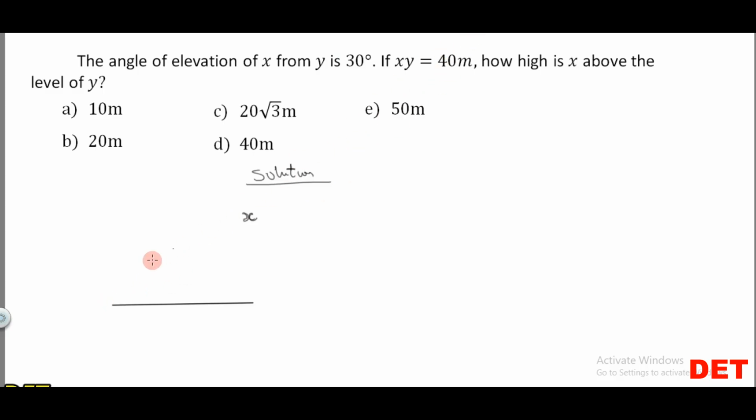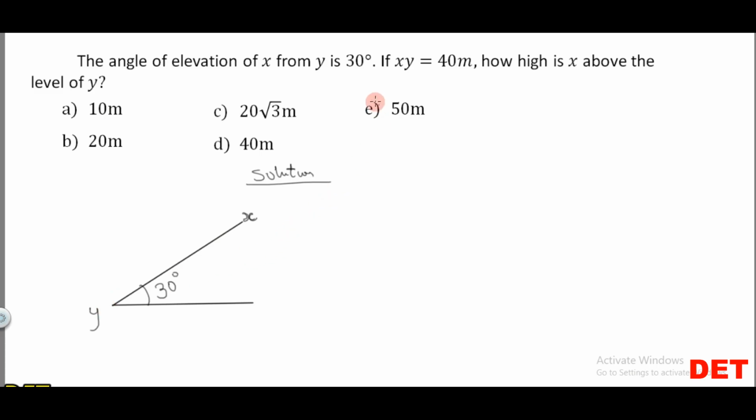This is our y. So you are looking at x from where? From y. So that is what this question is trying to say, that the angle of elevation of x from y is 30 degrees. The angle is 30 degrees.